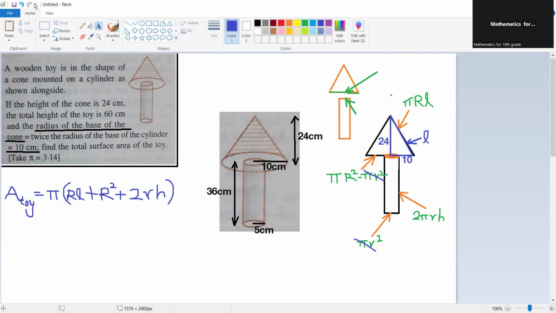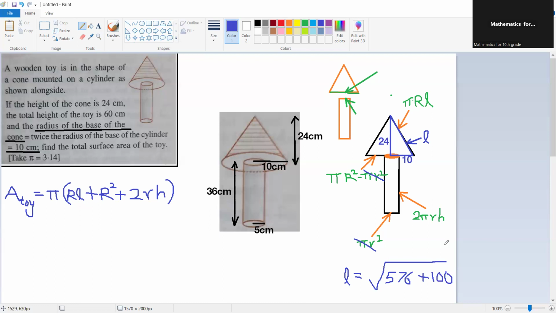So L is equal to the square root of 576 plus 100.